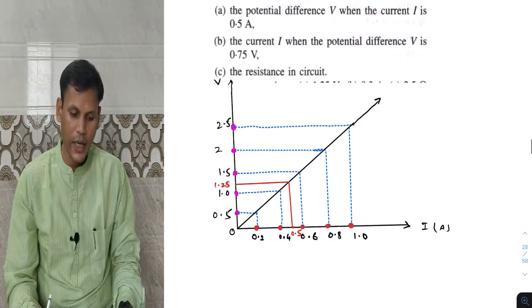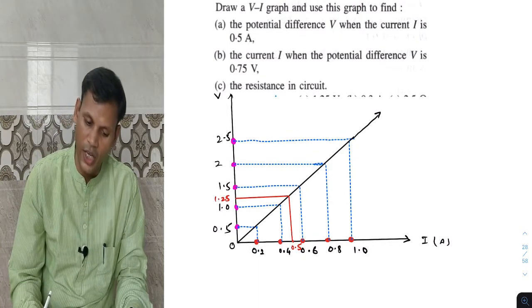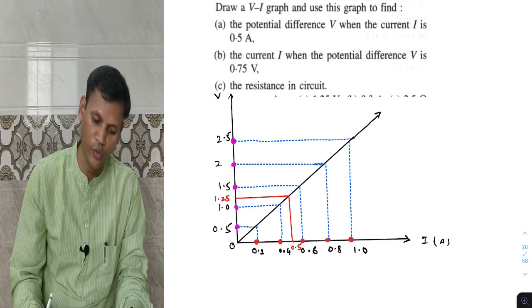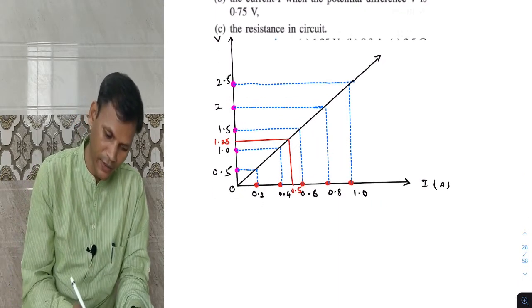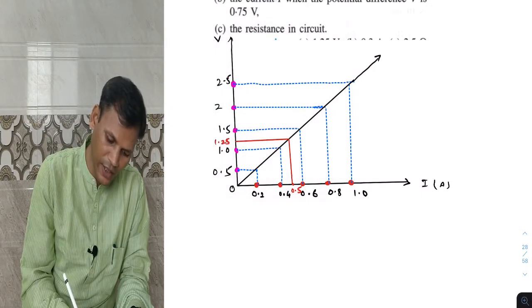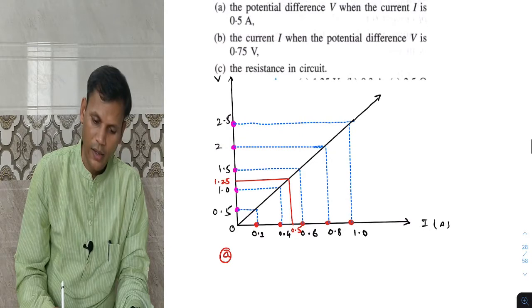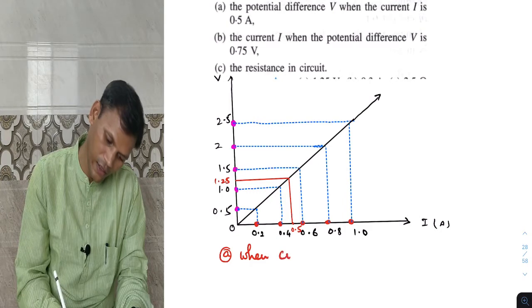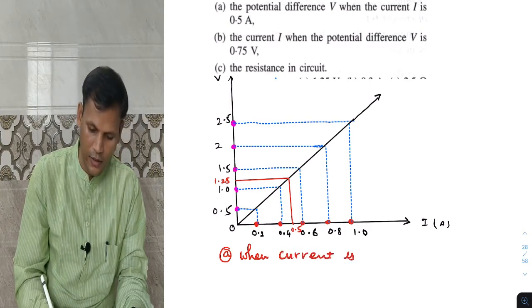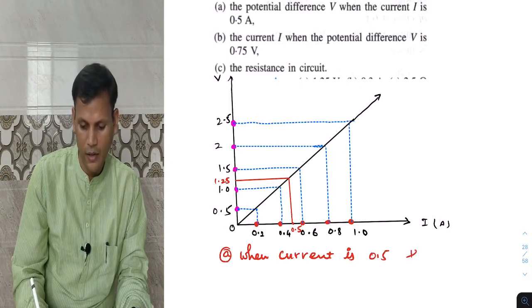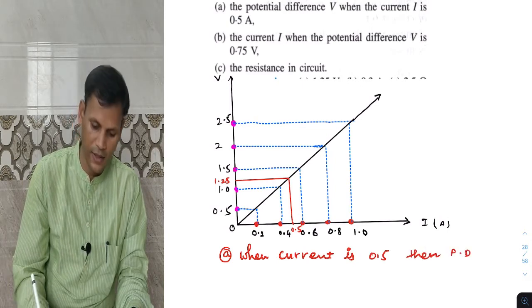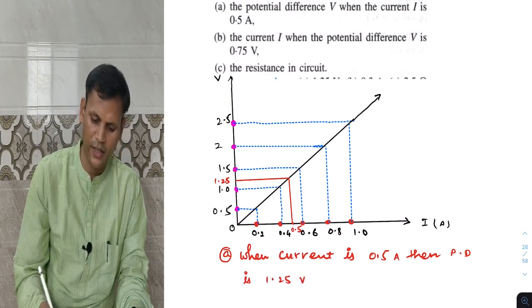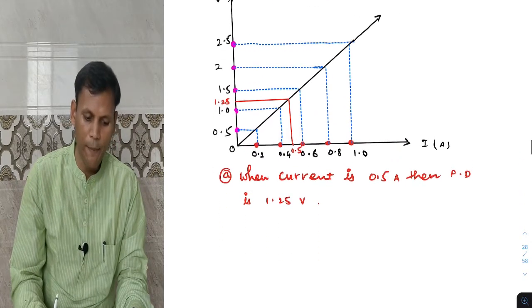So part A we get already: when current is 0.5 ampere, then potential difference is 1.25 volt. Okay, so part A is over.